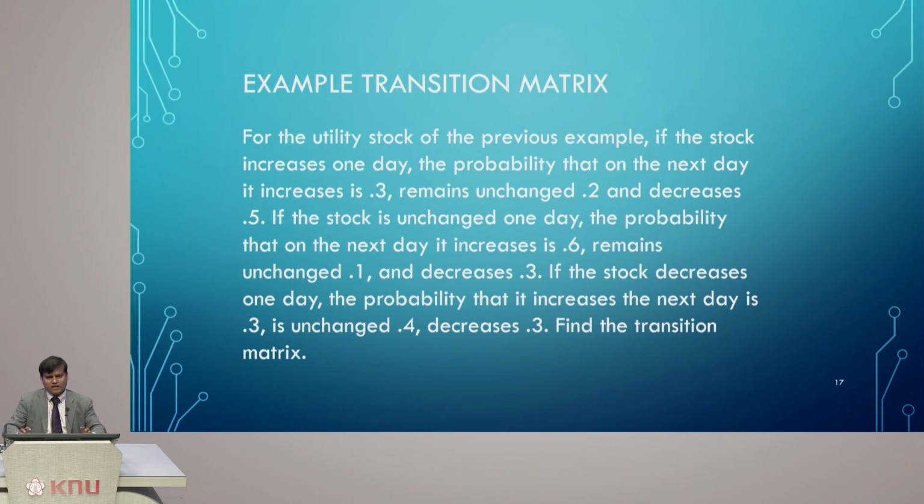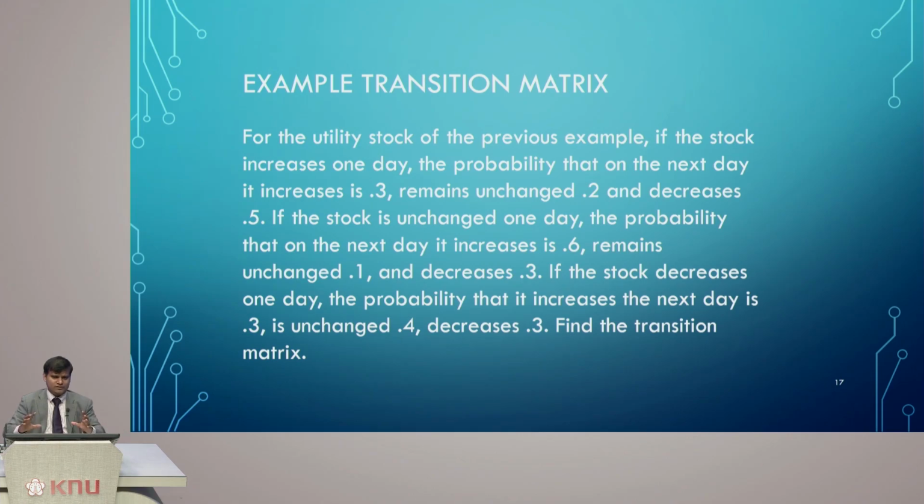If the stock is unchanged one day, the probability that the next day it increases is 0.6, remains unchanged is 0.1, and decreases is 0.3. At the same time, if the stock decreases one day, the probability that it would increase the next day is 0.3, it remains unchanged is 0.4, it decreases is 0.3.